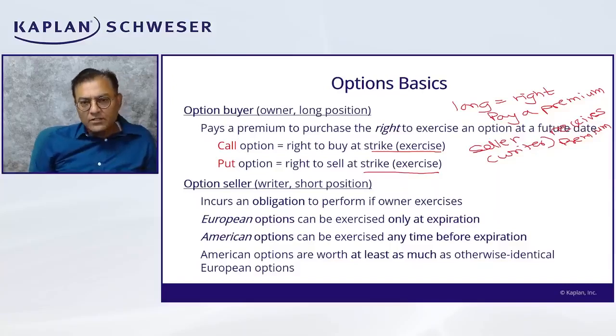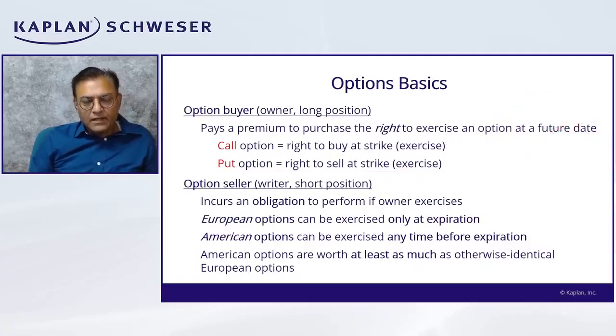Obviously, the long is only going to exercise the option if the option is in the money, if it is advantageous for the long, if the long gains from exercise. All right. Now, the option writer, again the seller or short, is obligated to perform if the owner, the long party, exercises.